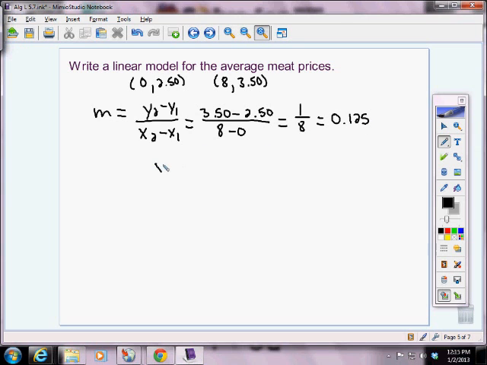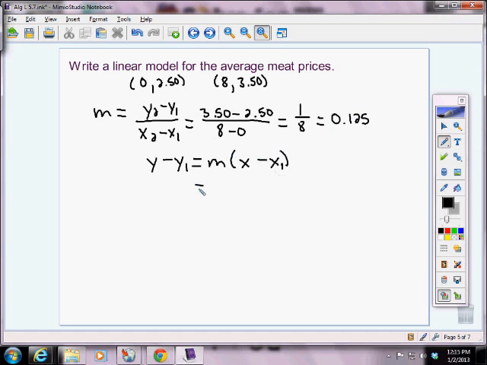Now what we could do is use slope-intercept form, plug in our slope and a point, and figure out what b is. Or now we have our tool of point-slope form. y minus y1 is equal to the slope times the quantity x minus x1. So let's plug in what we know.